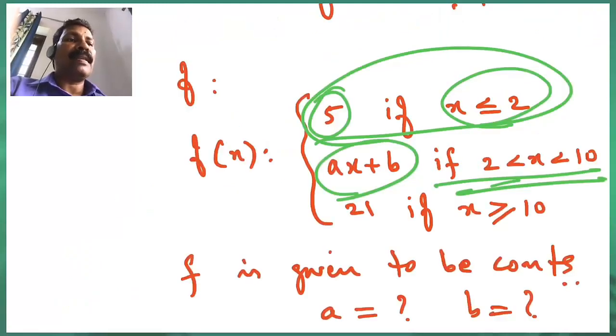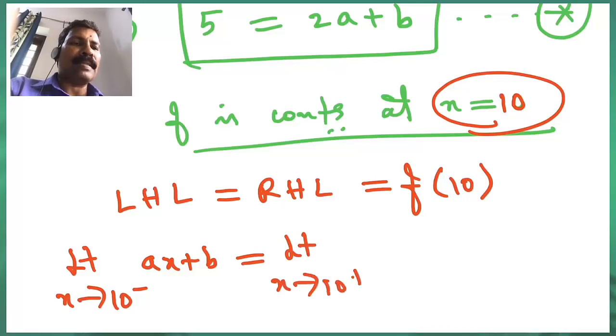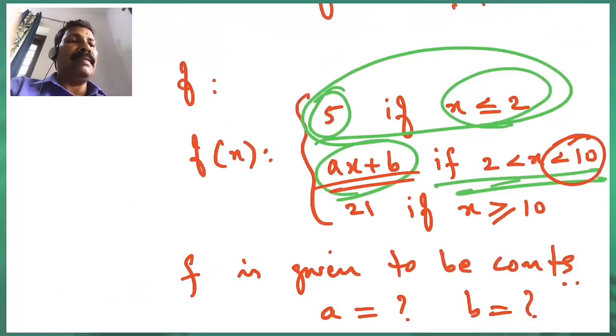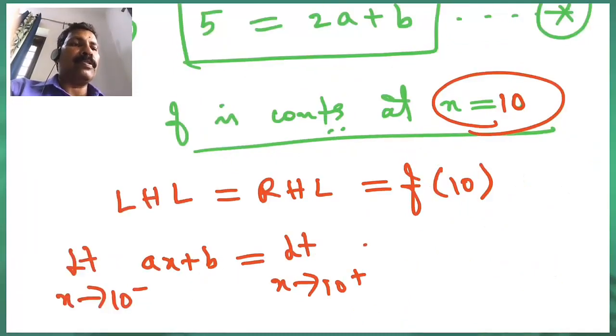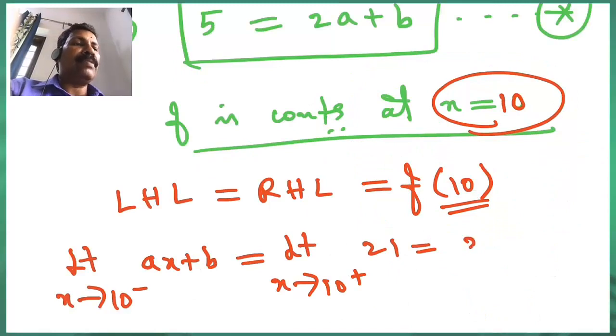What is f of x then? When x is less than 10, it falls here, so that is ax plus b. And right hand limit means x tends to 10 plus, greater than 10. When x is greater than 10, it is 21, so we have 21. And f of 10, when x equal to 10, again the value is 21.